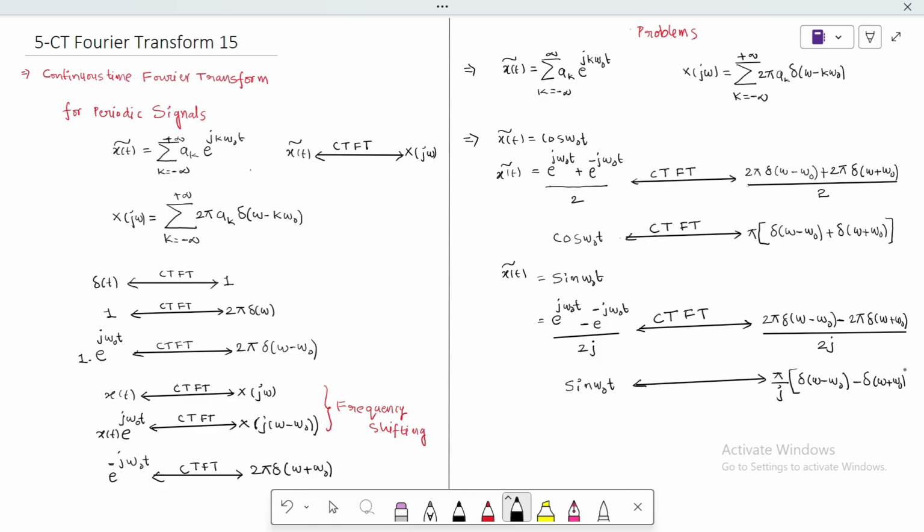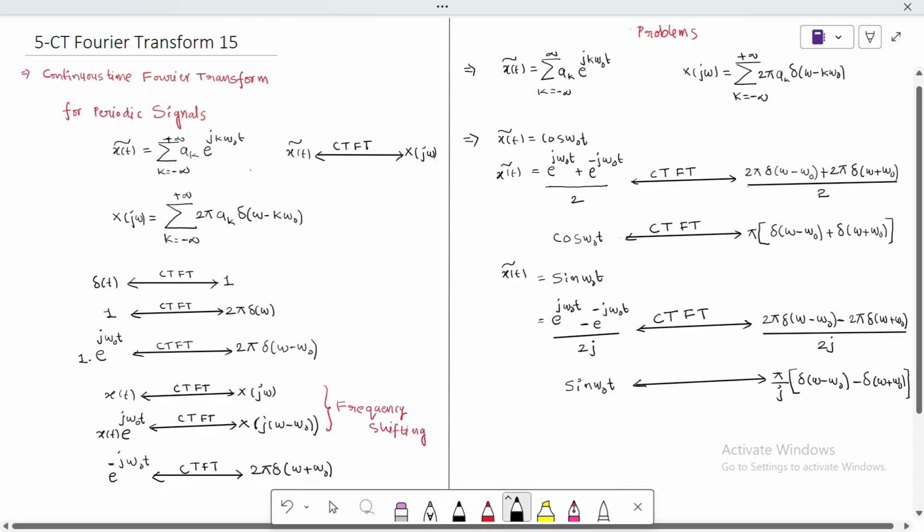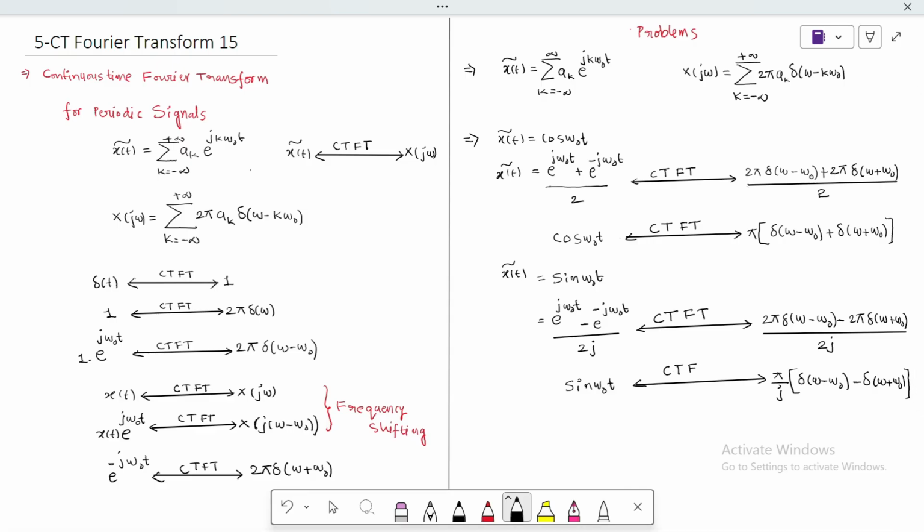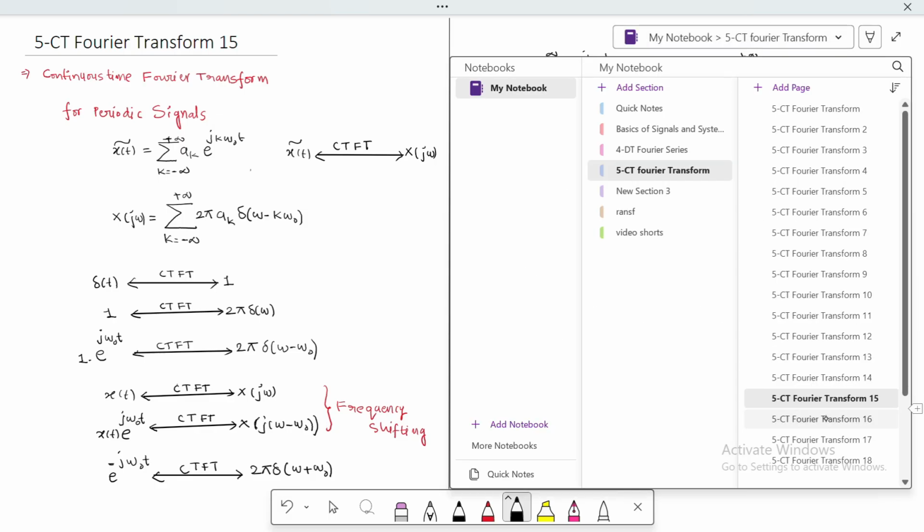So the advanced signal has the negative sign. That is the difference. So this is one method. We can also find this Fourier transform with the help of the Fourier coefficients using this formula. To find the Fourier transform by this method, we should find the Fourier coefficients for cos and sine. I'll show you.